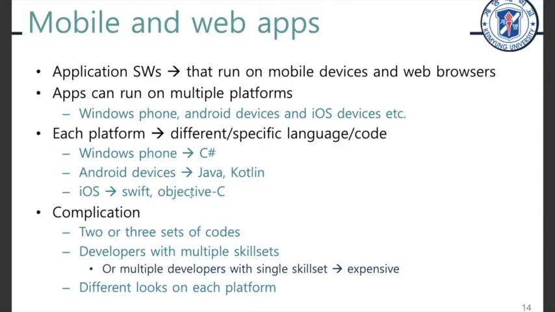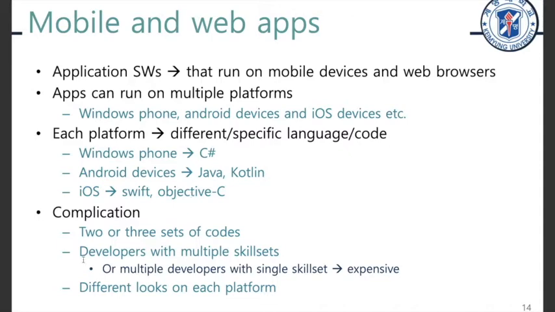That means a company such as KakaoTalk, when they develop applications for Windows or for iOS or for Android, they have to have different types of developers, and they have to write different code for each device.